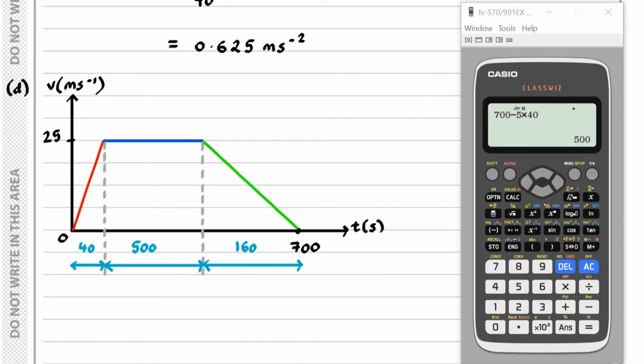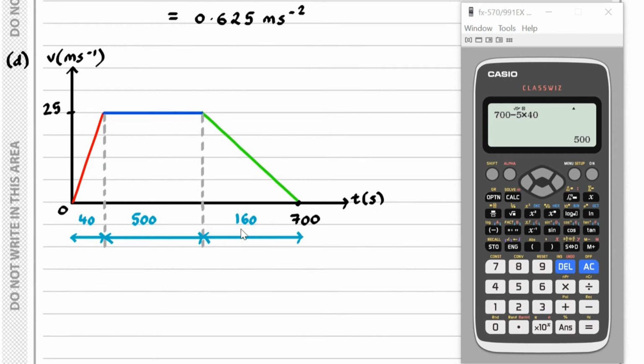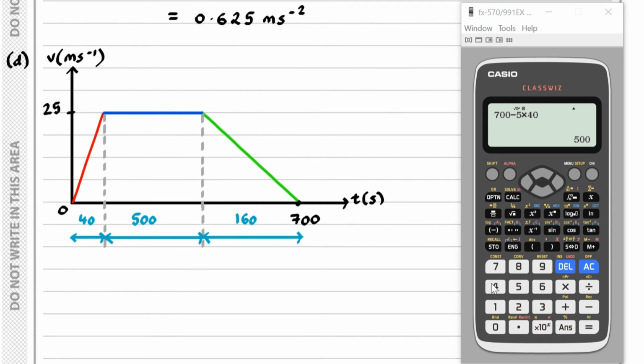Now, we want to find the speed of the train 572 seconds after leaving P. So where is 572? Well, 40 plus 500, that's 540.